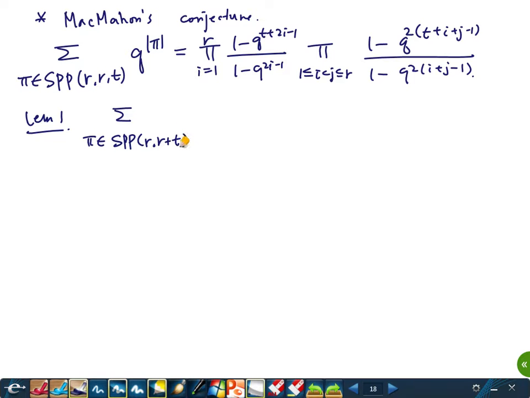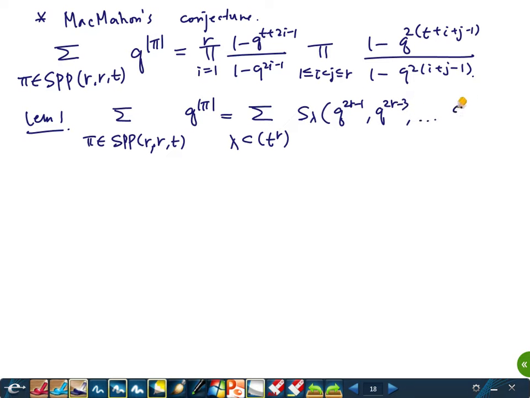The left-hand side, the generating function for symmetric plane partitions in the box, is equal to the sum over all partitions inside this rectangle of the Schur function at q to the 2r minus 1, q to the 2r minus 3, and so on.